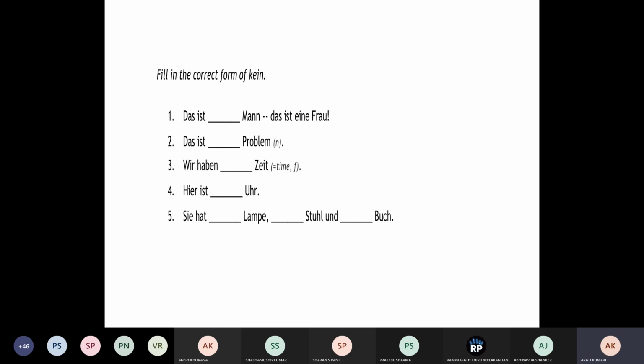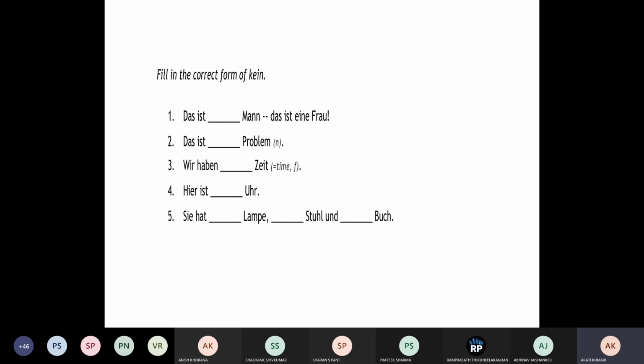Lampe, article for lampe. Actually, important is to know the article of all the nouns. So I have already mentioned it one time when we were doing article that when you have, yes, E in the end, then it's feminine. Keine. So sie hat keine Lampe.